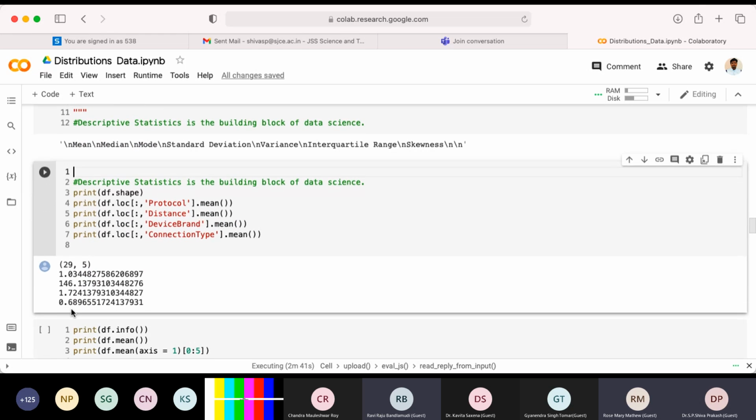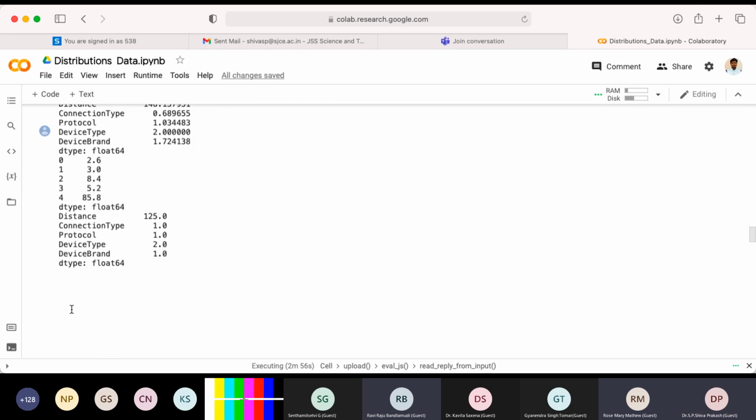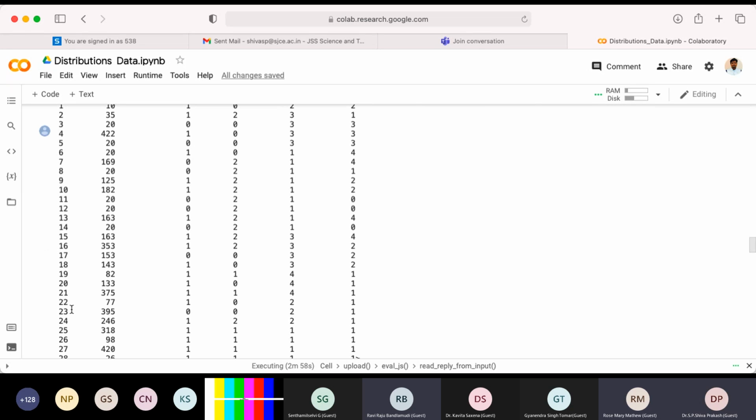All these things can be used in our experiment. Here we have used the social IoT data set where device protocol, distance, device brand, and connection types are used.